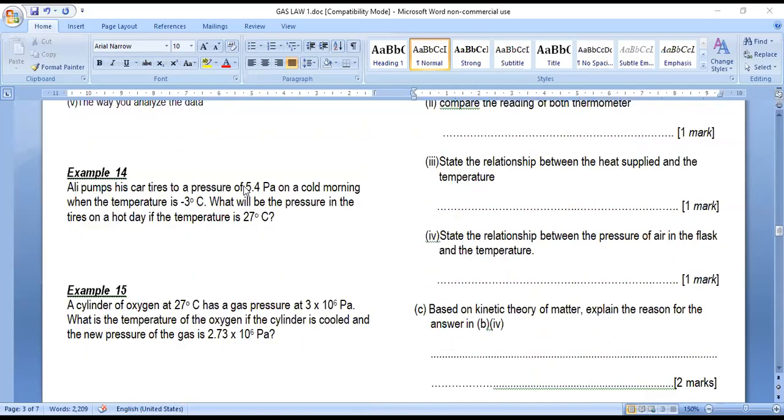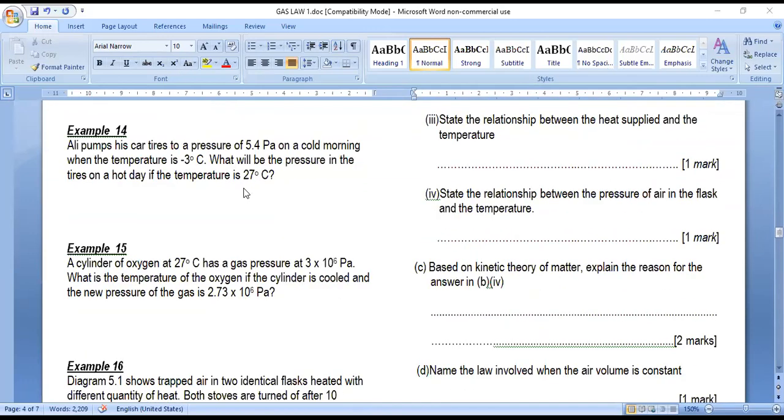So we look at example 14. Ali pumps his car tires to a pressure of 5.4 Pascal on a cold morning, when the temperature is -3. What will be the pressure in the tires on a hot day with a temperature of 27? For this one you have to use the formula P1/T1 = P2/T2.